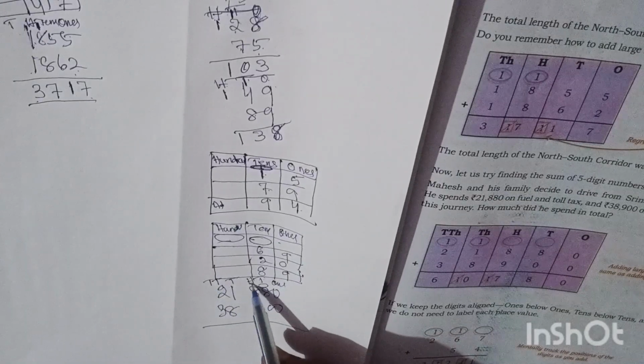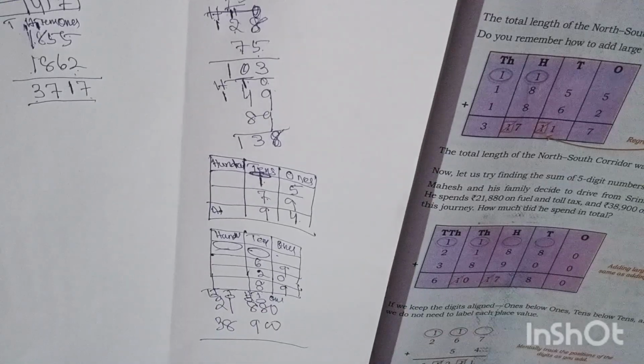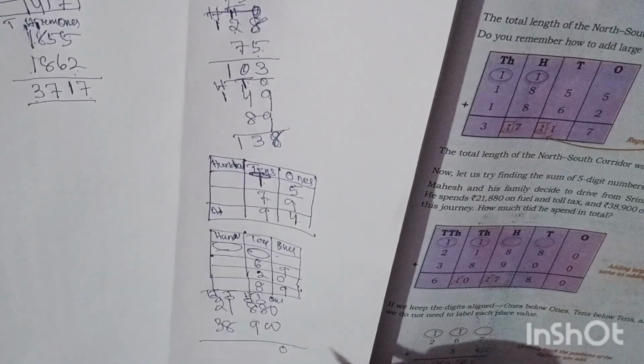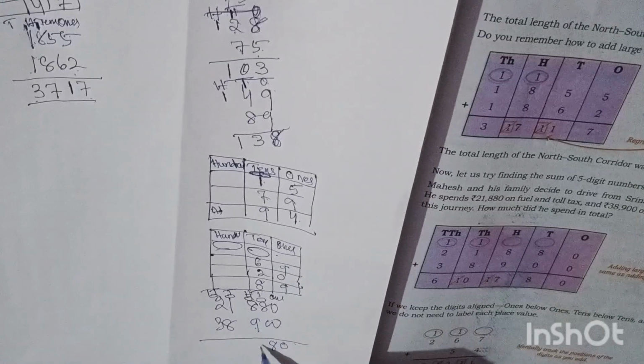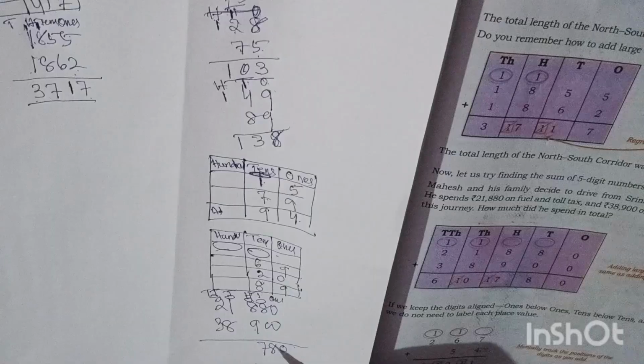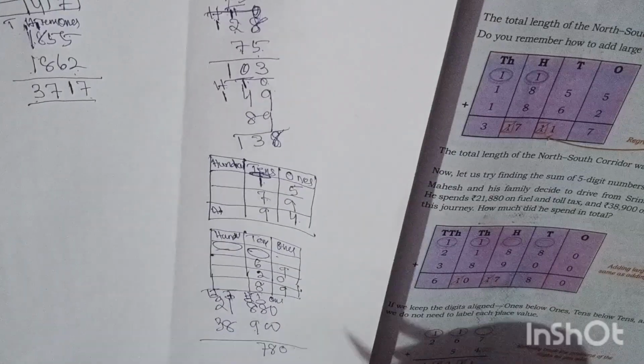Here is the gap. You can carry the numbers. So first you add 0 plus 0, that is 0. 8 plus 0 is equal to 8. 9 plus 8 is equal to 17. Then carry 1 to the 1000 place.